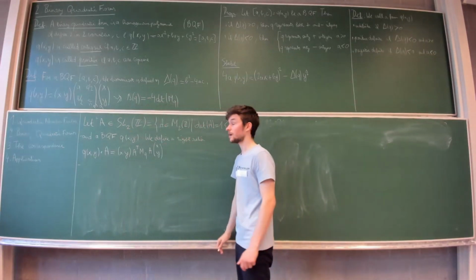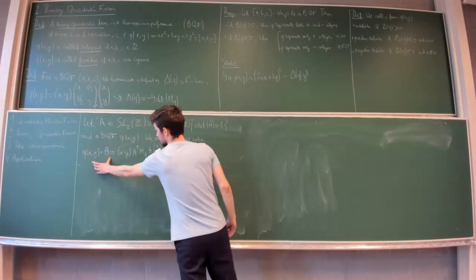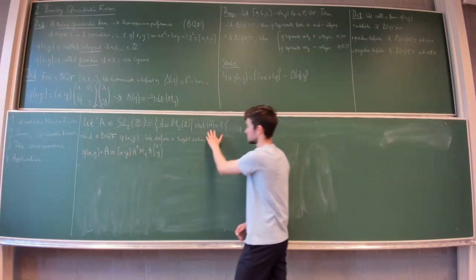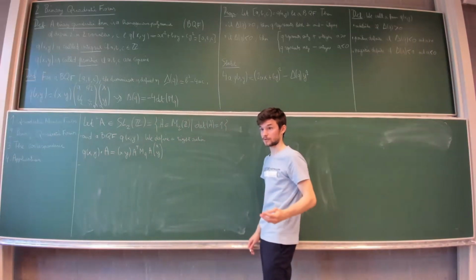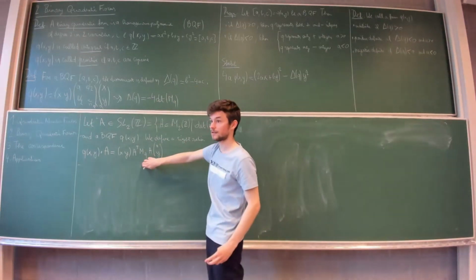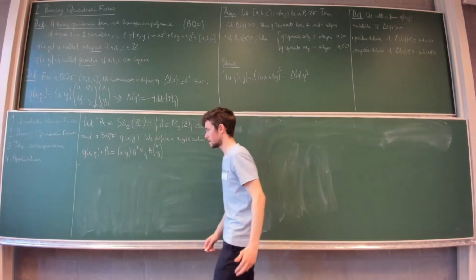And now, of course, the nice thing is, if you want to compute the discriminant of this new form, you see that the discriminant remains the same, as we are multiplying the matrices with determinant 1. That's why I wrote this part. You can see that this has still the same discriminant.